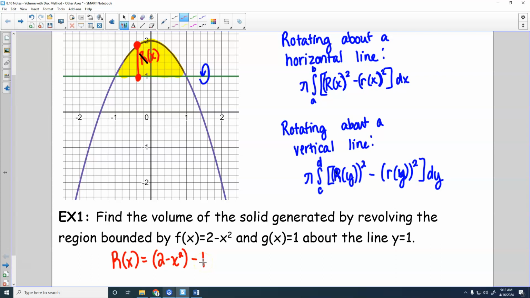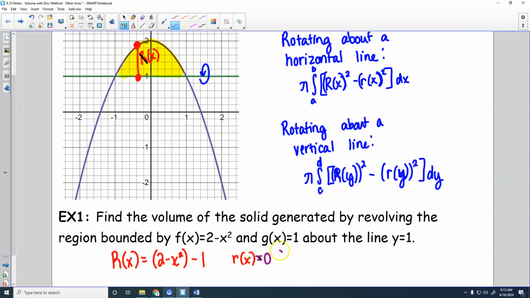Now, on a problem where you are up next to the line you're rotating around, what's your lowercase r of x going to be here? It's not 1. It's going to be 0 in this case.